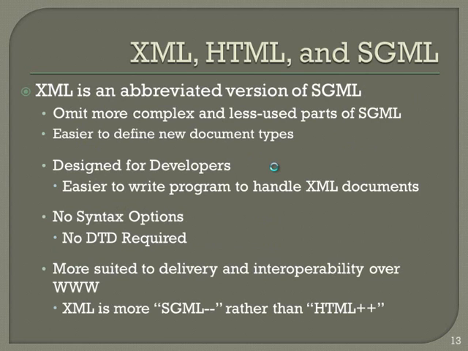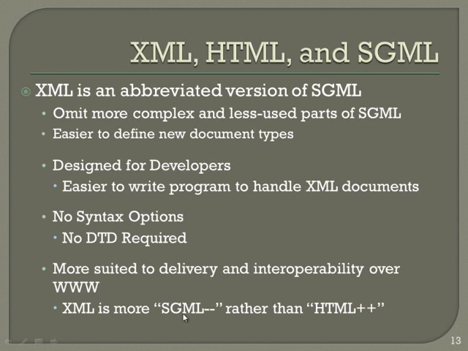It has a base in the SGML, but that was a bit complicated. However, this is usually meant for developers. Even though you can read the XML, the thing is meant for developers. Okay. It is best for delivering data across different machines.